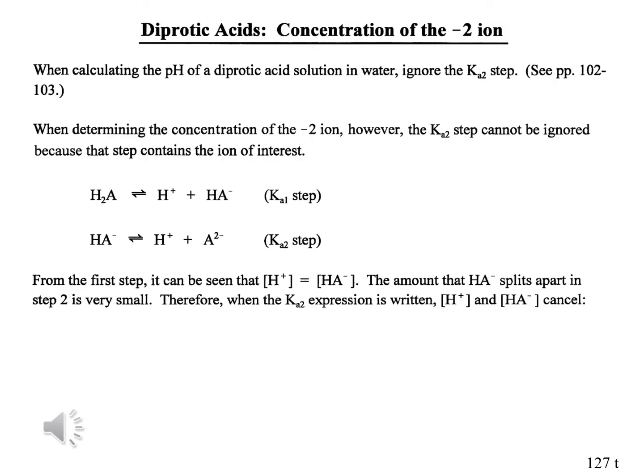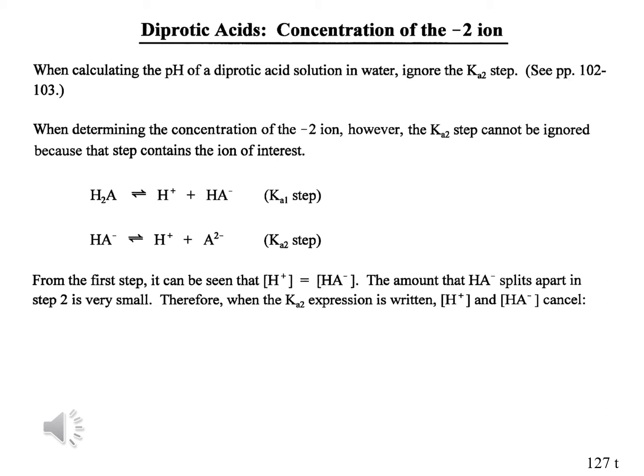The first kind of calculation is to calculate the concentration in pure water. So if you look at these two steps, you remember that the first step is always much stronger than the second step. And so the first step splits apart 1-to-1 into H plus and HA minus. The second step is very weak, and so the HA minus is not going to split apart much more.